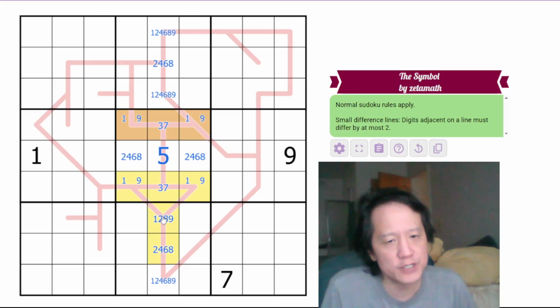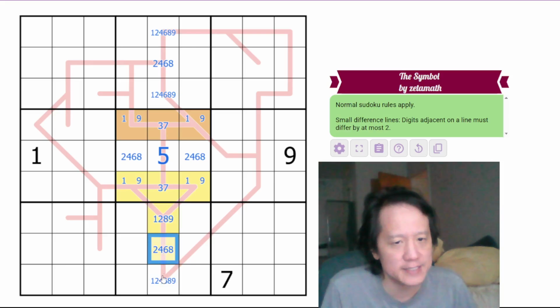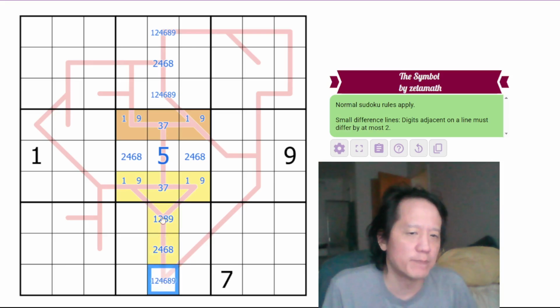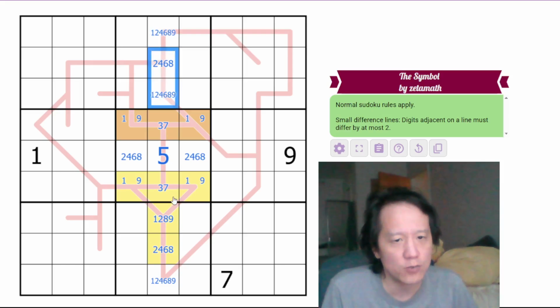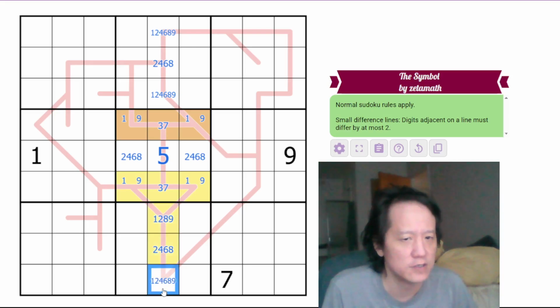But say we try to have like 2, 4, 6 or 8, 6, 4 here. The problem with that is that if we try to do that, where is the 1? 1 has to be either here or here, but 1 would have to be next to 2 here, which would eliminate all possibilities to make this 2, 4, and 6.